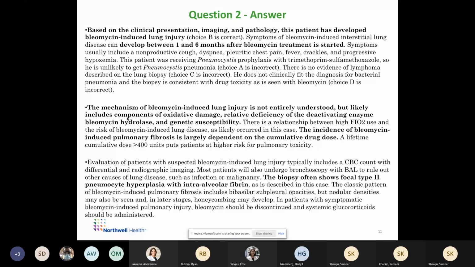It also gets worse in the setting of radiation, apparently. But looking at bleomycin itself, as he was on his 4th cycle, patients actually have an increased risk with the cumulative doses of bleomycin. And we'll talk a little bit later about whether prevention or screening is really necessary or warranted.